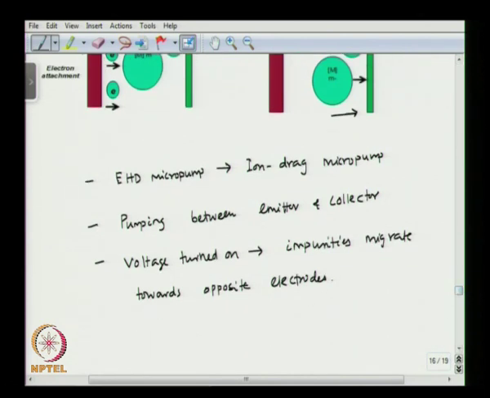It stops as soon as the charge gets neutralized, after the impurity ions get neutralized.